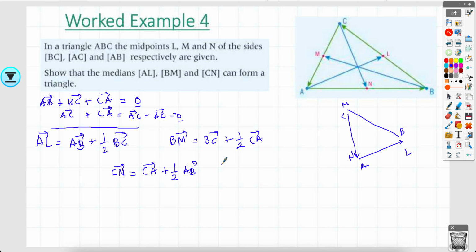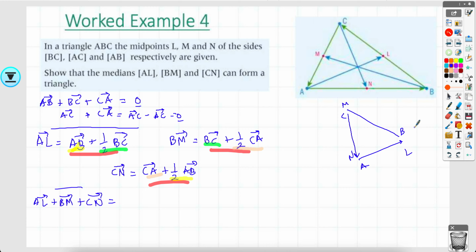So we want to see, do they form a triangle? Well, let's add them all up. A to L, B to M, C to N. Just taking all of these, adding them together. And I'm just going to skip a few algebraic steps and just combine the like terms together from the beginning, so I can see I have an AB, a half AB here. I have a half BC and a BC. And then I have a half CA and a CA.